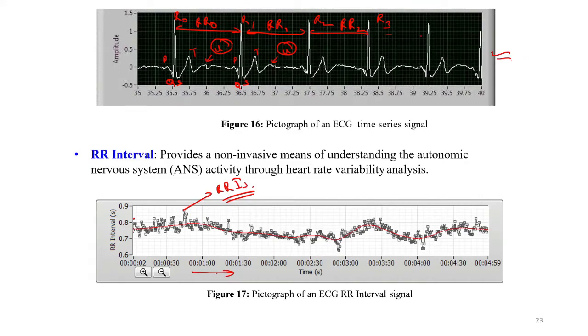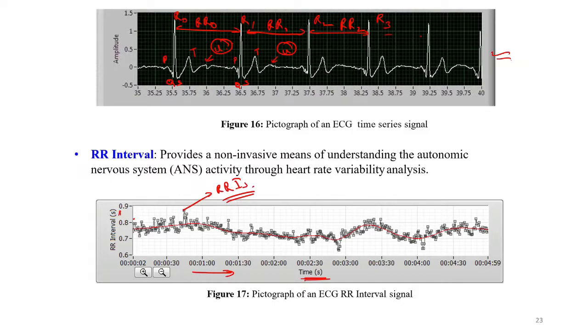Now the most important thing is the unit. In the x-axis, it is time in seconds, and in the y-axis, again we have seconds, because when we talk about the RR interval, what is an interval? Interval is nothing but your time information, right?